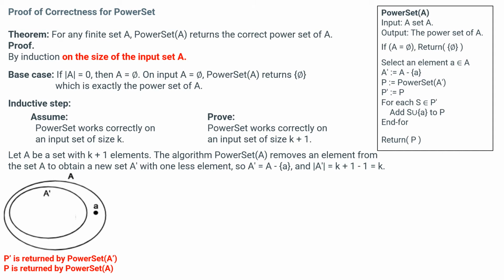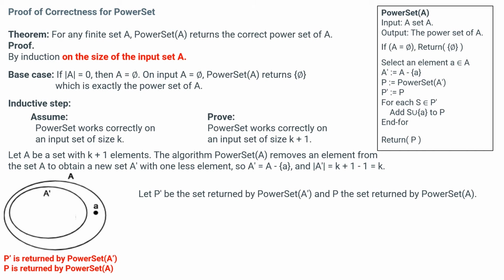Anyway, let's say that P prime is the set returned by calling the algorithm on A prime. And that's what ends up happening in this algorithm here.